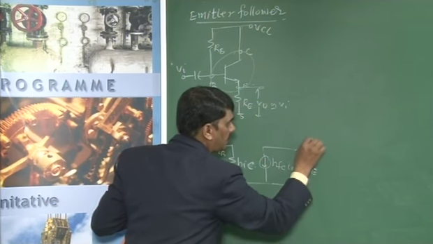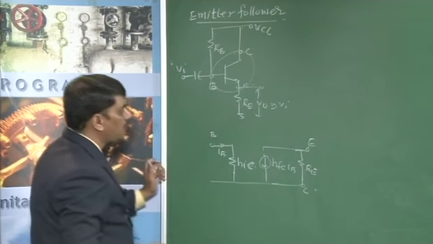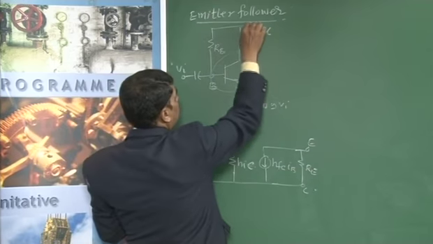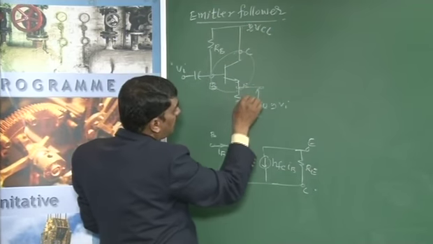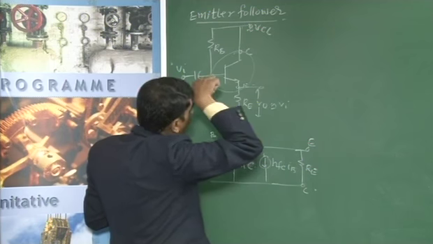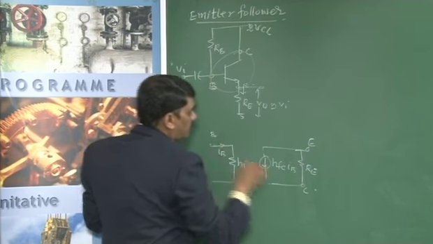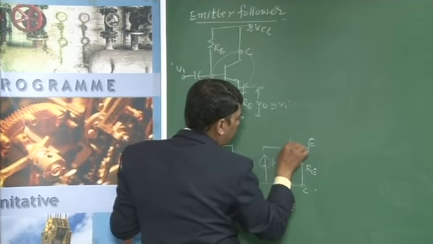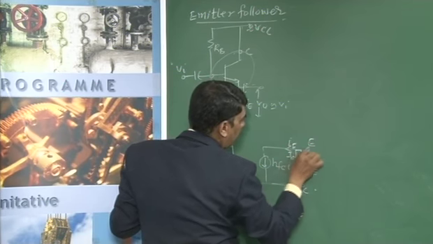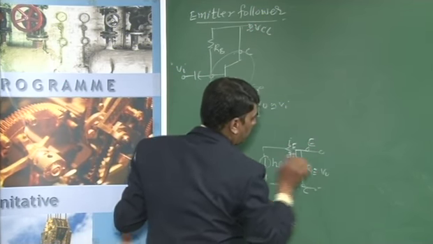This is your emitter, and this is your collector. Because VCC is grounded, RE is connected between the emitter and the collector. The current flowing in this direction is IE, and this current is I0. Output is taken across this point.